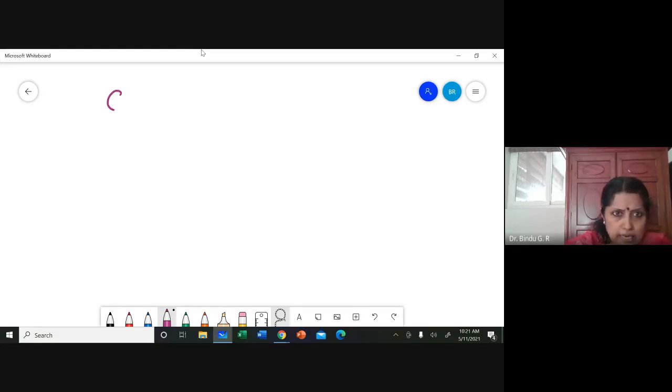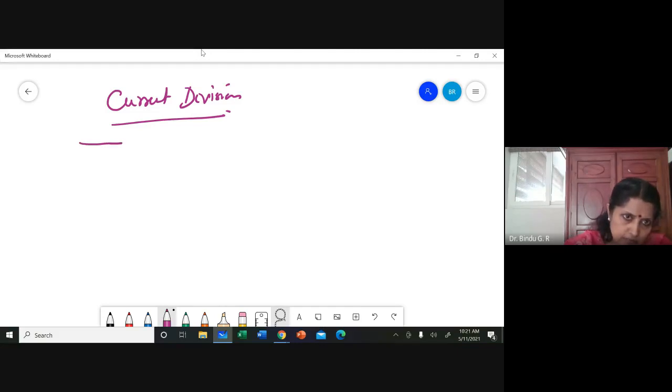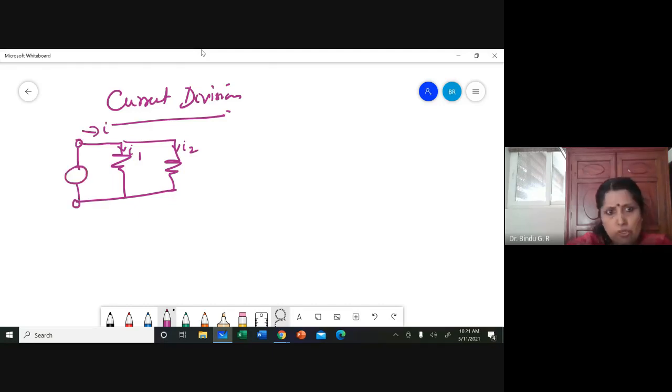Now to the division of current. Suppose I have two parallel resistors connected like this. I have I1 and I2, with a current source.